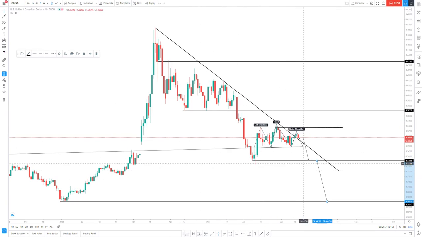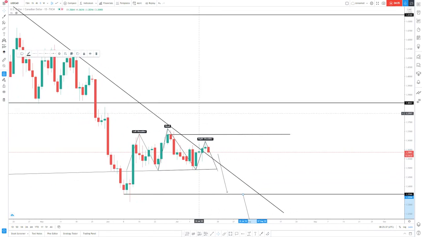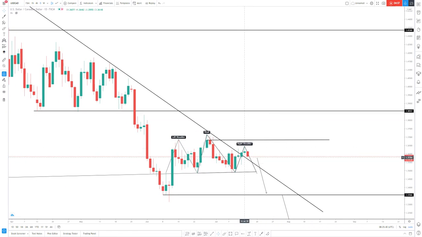Now, knowing that we already have this type of structure right here, I will zoom in to explain the concept of why I believe this is not a breakout of this bearish trend line. If we look closely, price moved sideways, just sideways, and you believe it just broke this trend line. No, it didn't. Also, if you look at this area here, we have wicks all around.